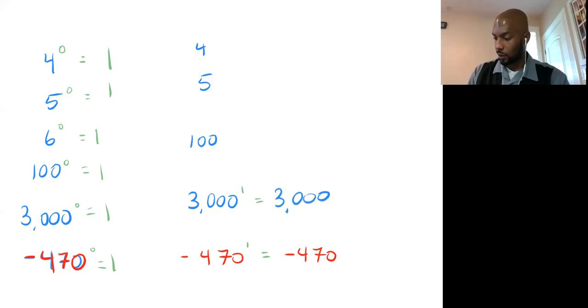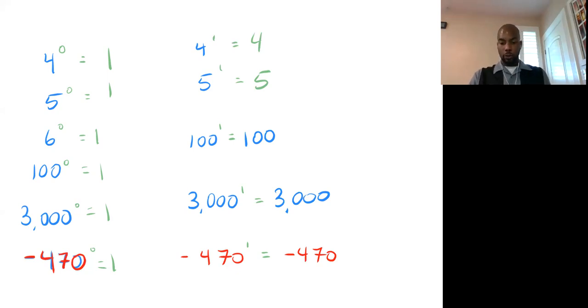Andre 3000, for those of you who know Outkast. 100 to the first power is 100. Five to the first power is 5. 4 to the first power is 4. Okay, that's rule number 2. I think those are the rules I'm going to tell you about right now. Any number to the 0th comes out 1. Any number to the first power just remains that number.